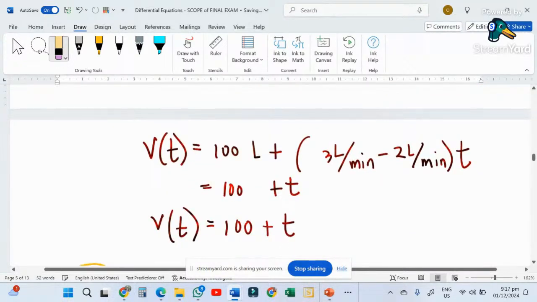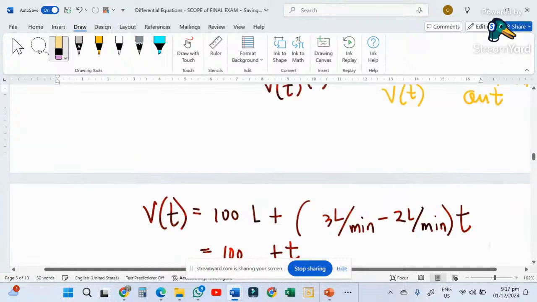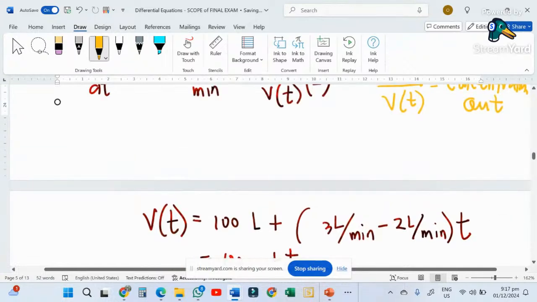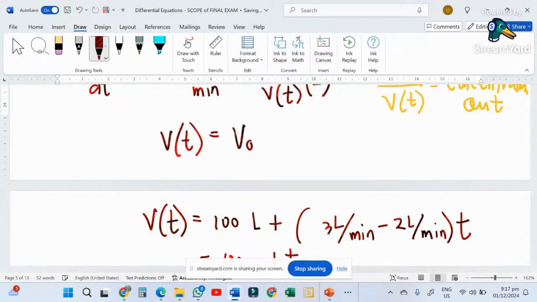So what is V of t? I'm going to write the formula here. V of t is equal to V0 plus Q in minus Q out, times t. Why are authors using Q?